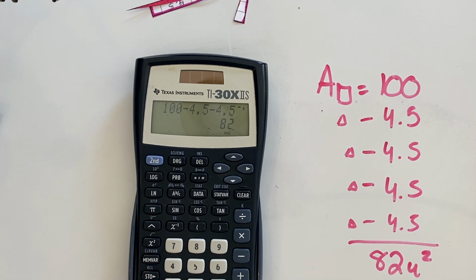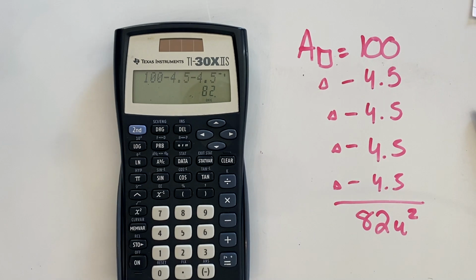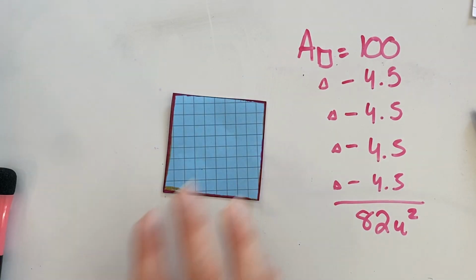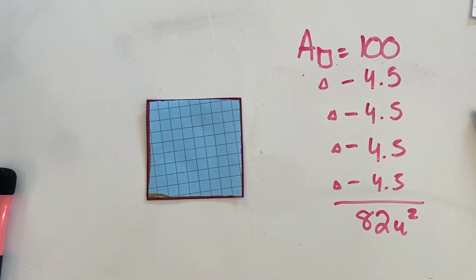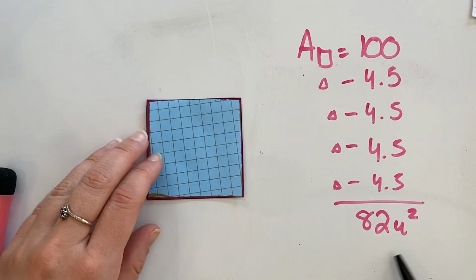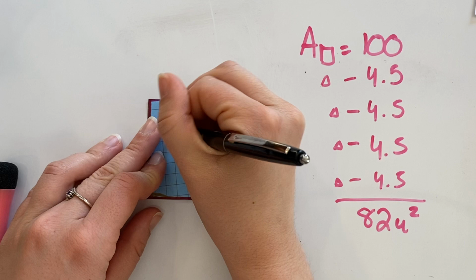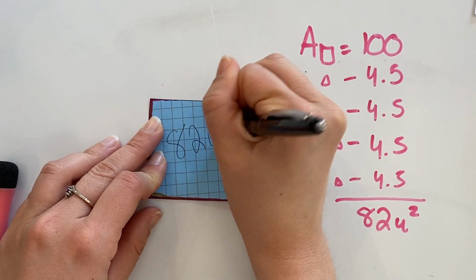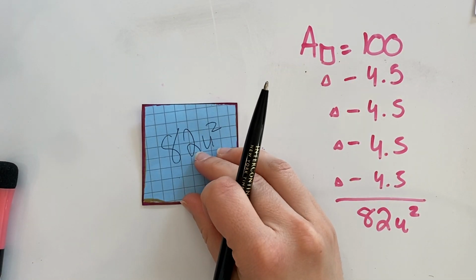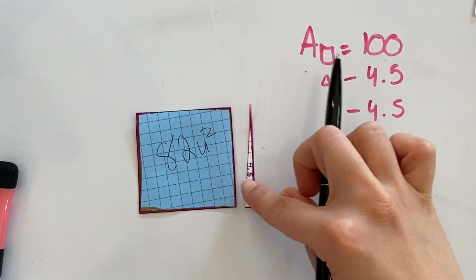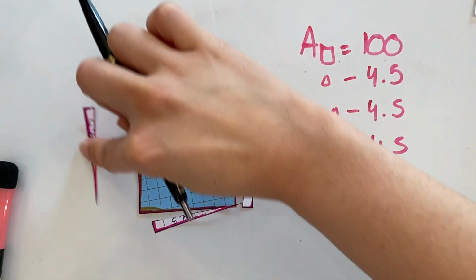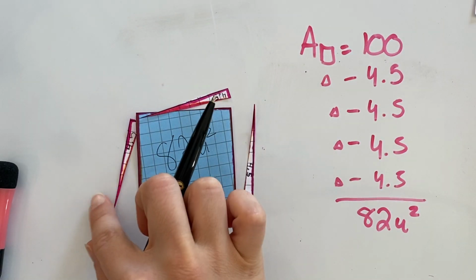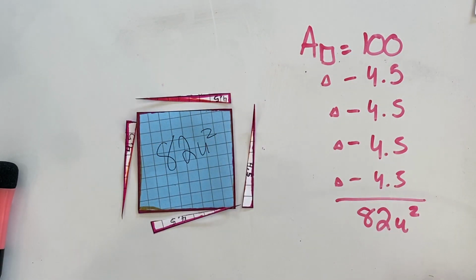So what this number represents is that my blue shaded square is 82 units squared. And the reason I found that is because I had all of these triangles around my square, and I was able to, so the word is called decompose.